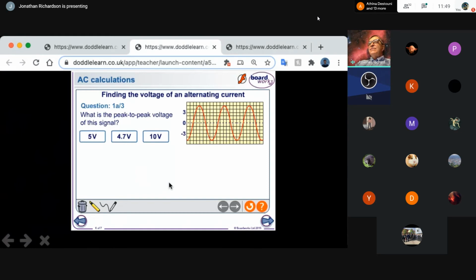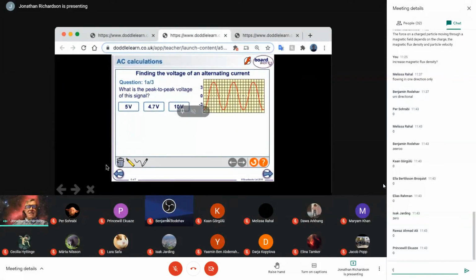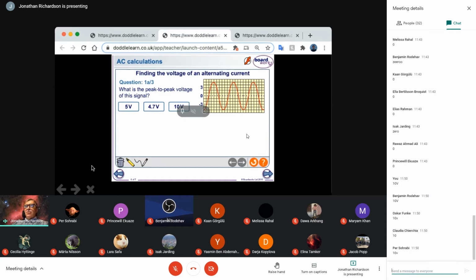Looking at this first graph here, what is the peak to peak voltage of this signal? Enter it please into your chat, and I'll wait until I see a number. 1. Right, good.